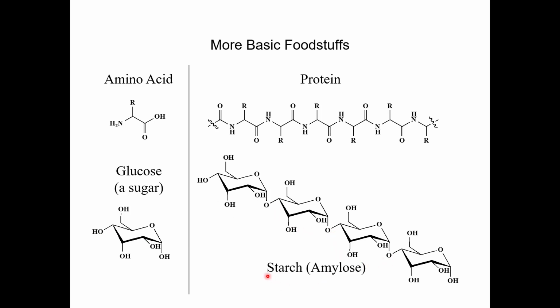Okay, so starch, we know that starch is a carbohydrate. We also know that sugars tend to fall into the carbohydrate group as well. But within the overall group of carbohydrates, there are long chain polymer carbohydrates like starches, and then there are these monomers like glucose. Okay, so again, glucose is a monomer that can make up a longer polymer like starch.